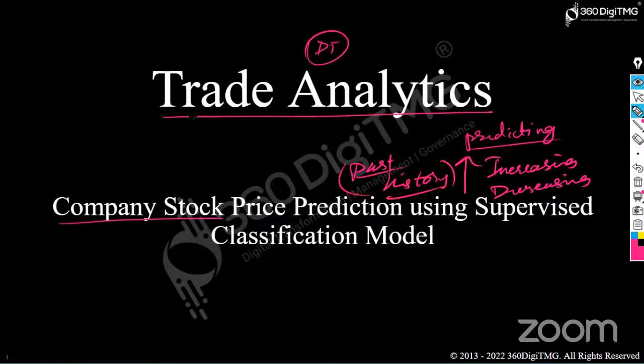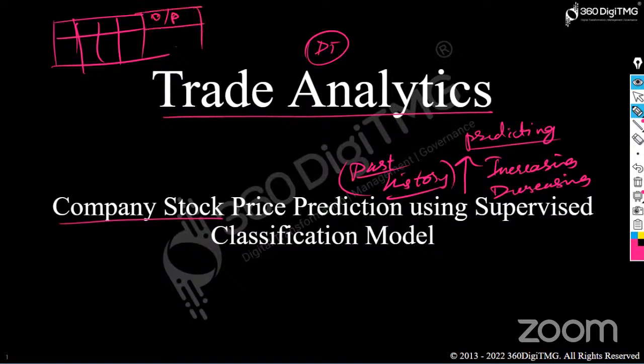So you'll have past history data for the decision tree. Let's say for example, we have data, and in this you will have an output saying either you play or no play.